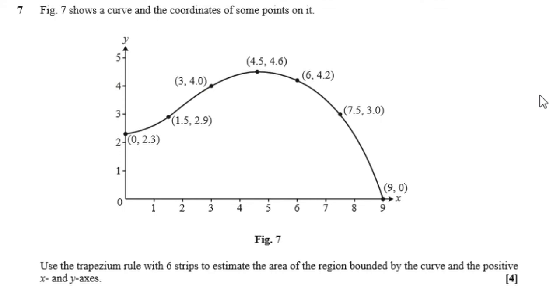Question 7, show a curve with these coordinates and use the trapezium rule using 6 strips to estimate the area of this between the curve and x and y axes.